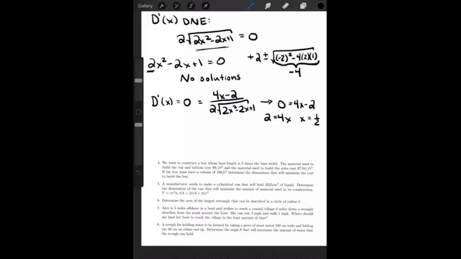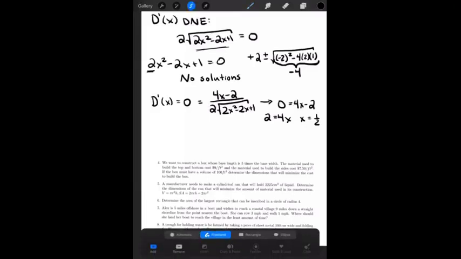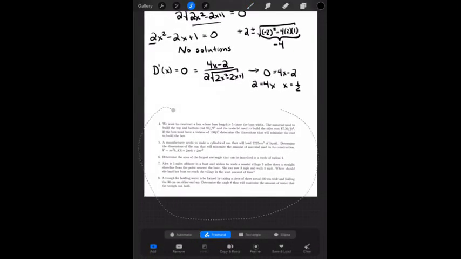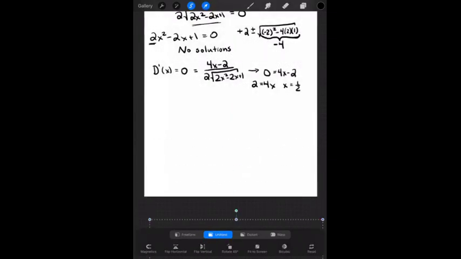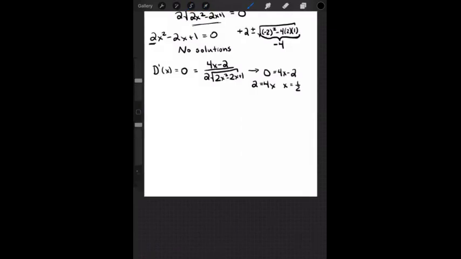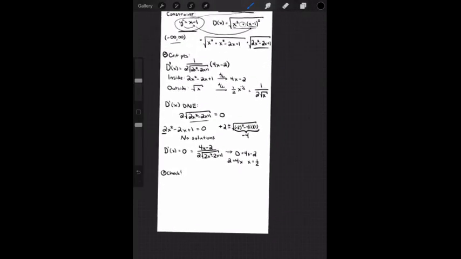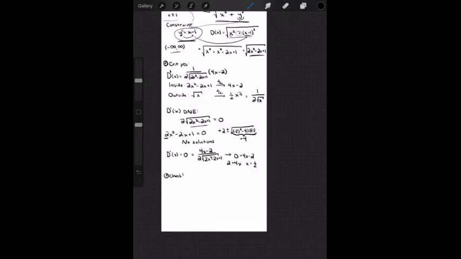So our only critical point is x equals 1/2. Just gonna make all of that go away. So our last thing is to check. We only have one critical point, so we need to check that out.